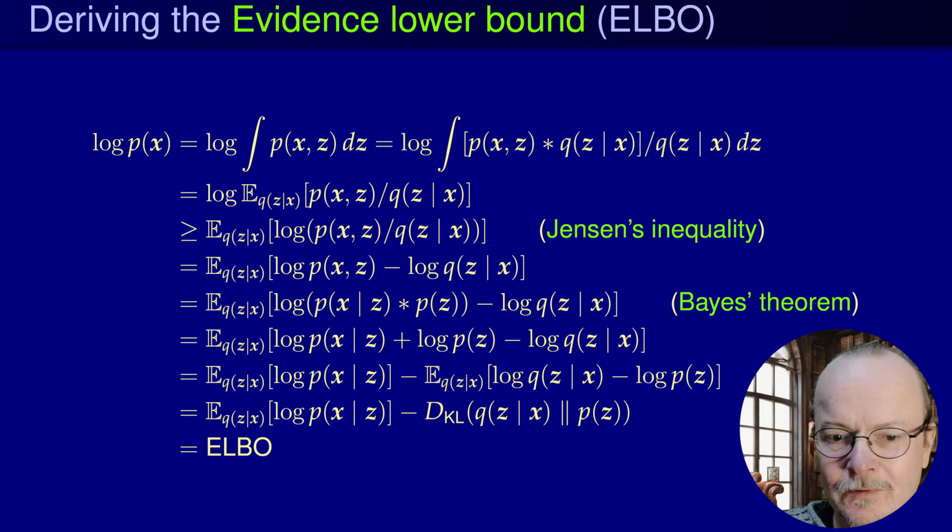This q will later on be called the variational distribution. Second, now that we introduced distribution q, we can rewrite the integral in terms of an expectation under q. This is because expectations have some useful properties which we want to exploit later.